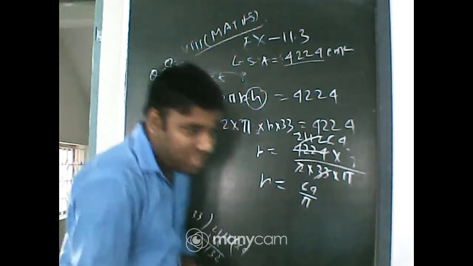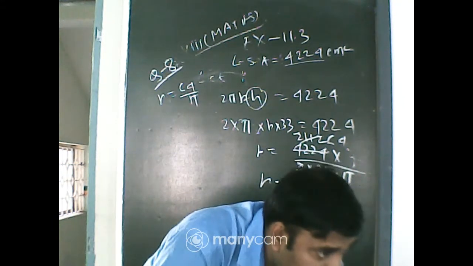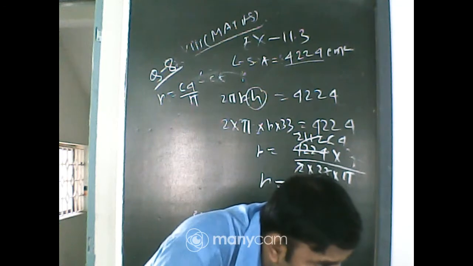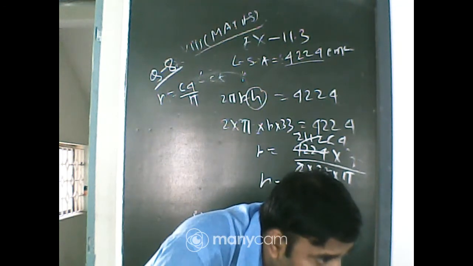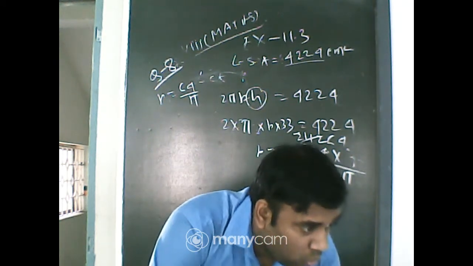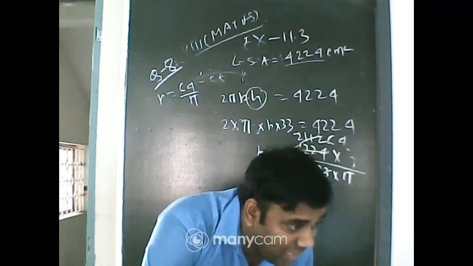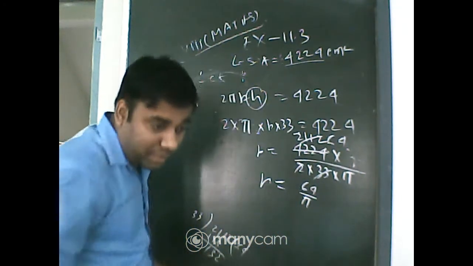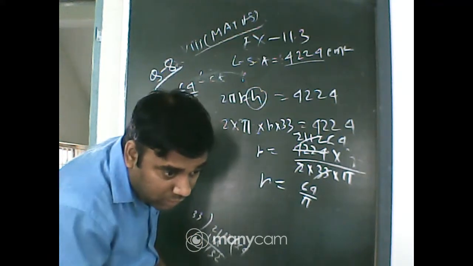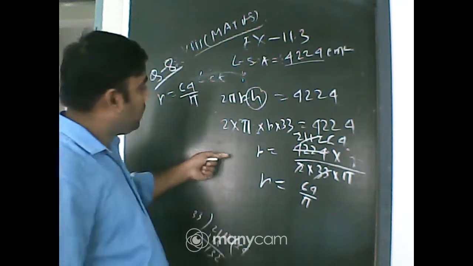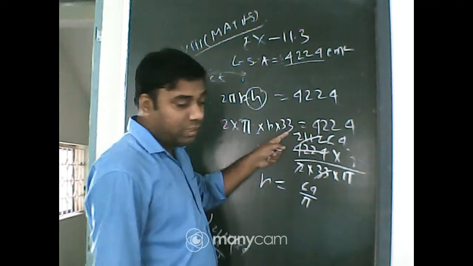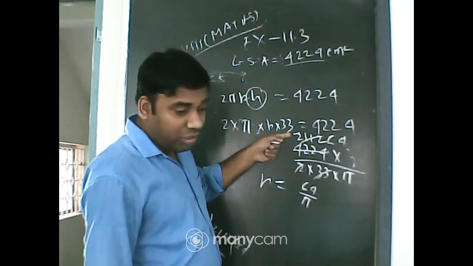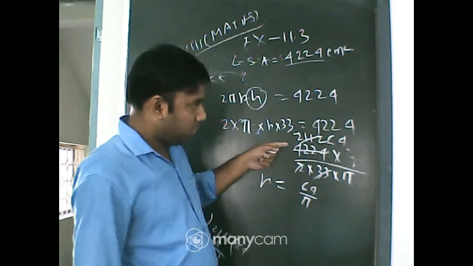Now question is, what is the length of rectangle? Anyone can say what is the length of rectangle? Sir, if breadth is 33, then height is also 33. Yes, 33 centimeter. That's why I have put here 33.